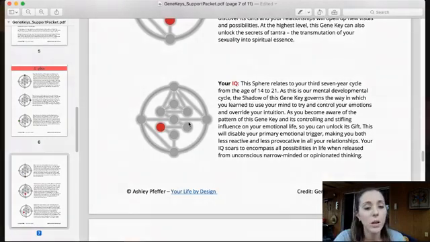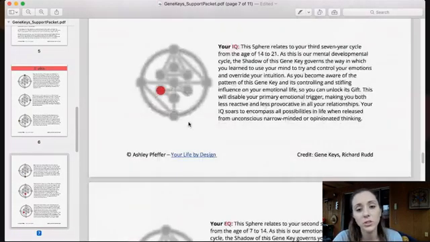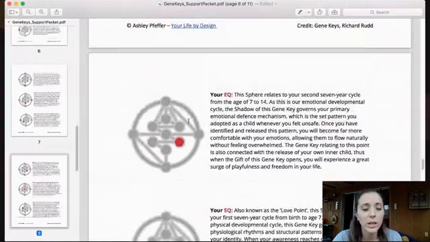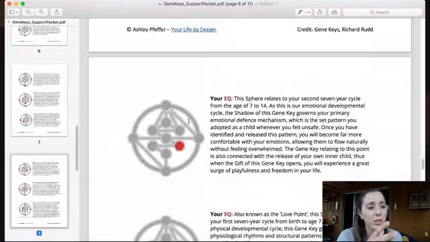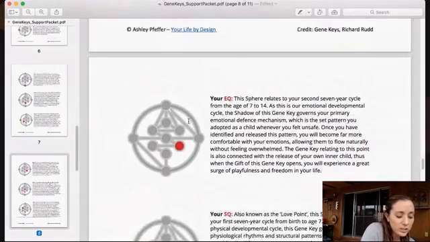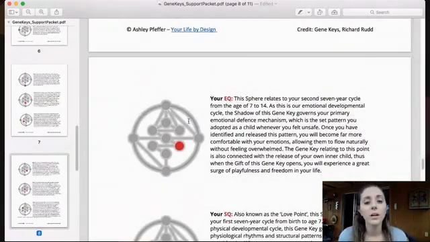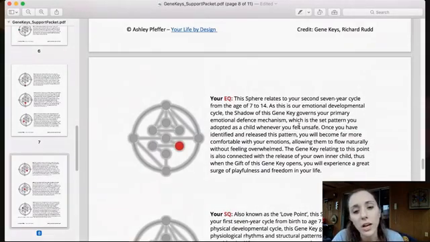So it's all about emotional intelligence, emotional development. In the IQ, you have an intellectual defense mechanism, and then in your EQ, you have an emotional defense mechanism. So how do you react and respond to emotions or whenever you feel unsafe? So the shadow of the Gene Key governs your primary emotional defense mechanism, which is a set pattern you adopted as a child whenever you felt unsafe.